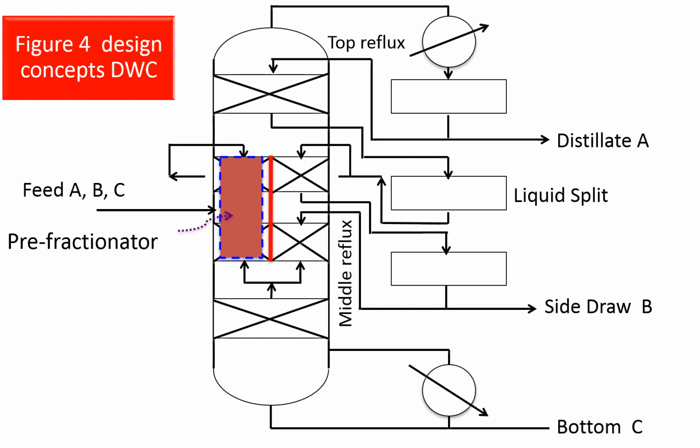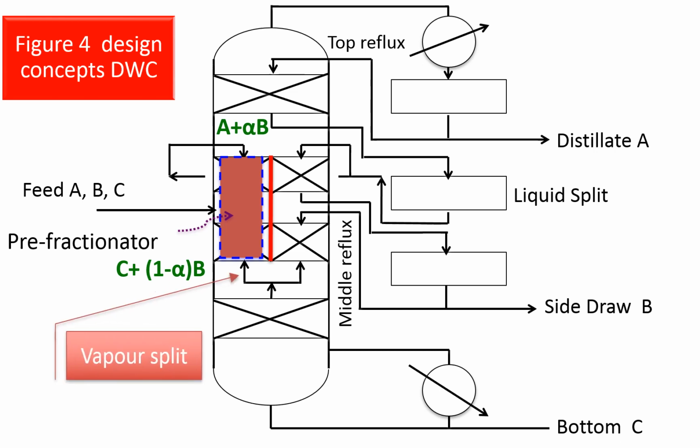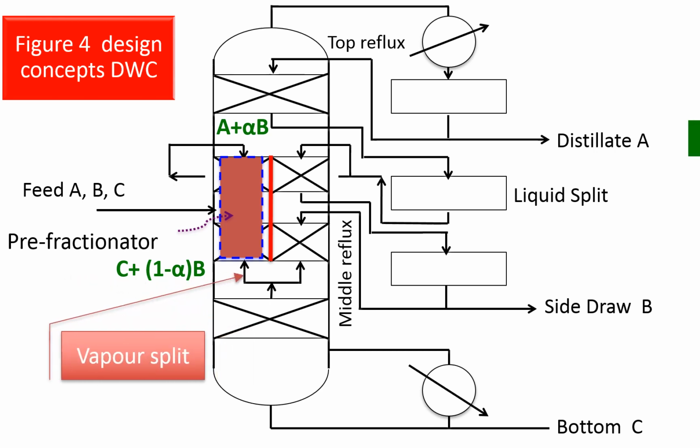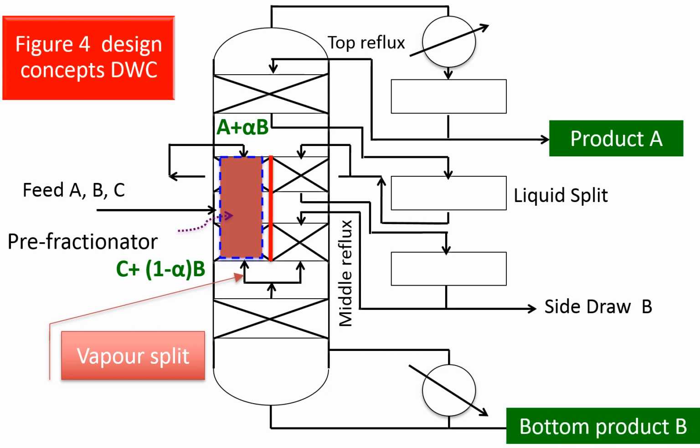The top stream contains A and part of B. The bottom stream contains C and the remaining part of B. The term alpha denotes the split of B between the top stream and the bottom stream of the pre-fractionator. Component A is drawn as a pure product at the top as distillate. Component C is withdrawn as the bottom product. Component B is withdrawn as a side stream product.